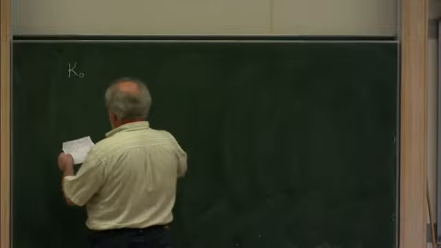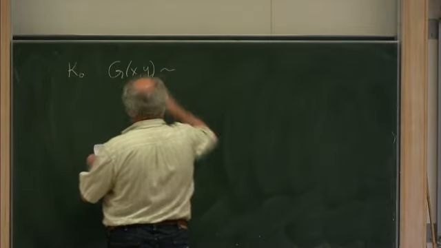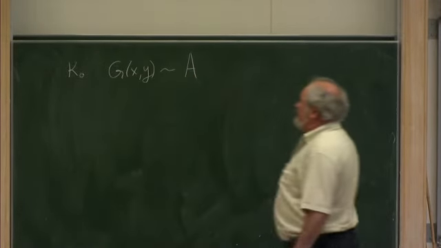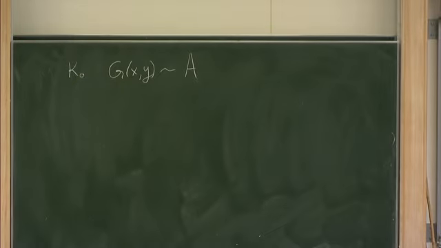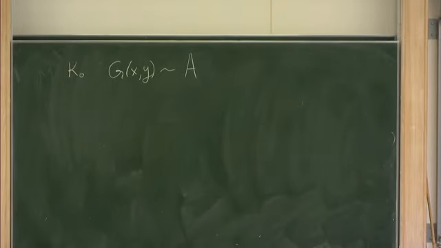Then, for the Green's function, you have the following asymptotics. First of all, some ugly coefficient which contains some numerical things and contains the determinant of the Hessian at this point.